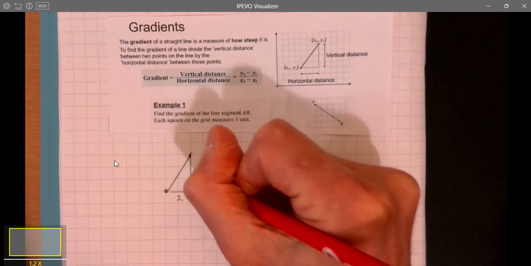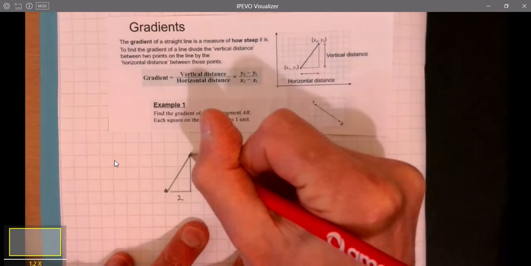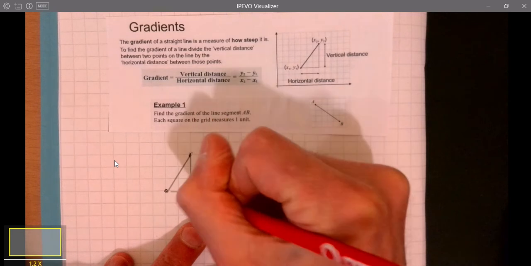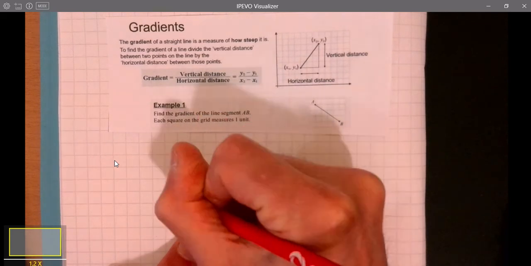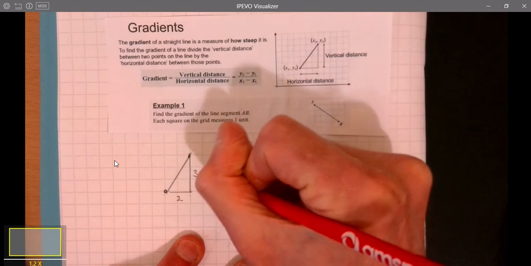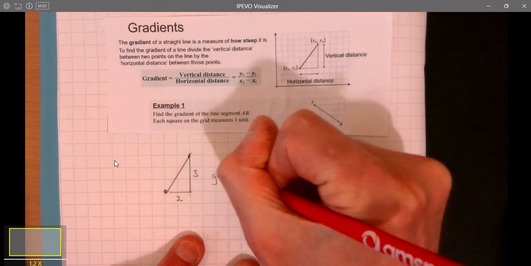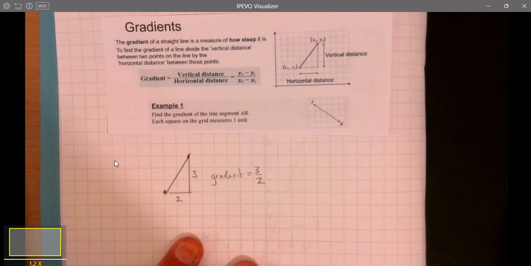And how much does it go up? And the way that we measure a gradient is the up divided by across. Right, going uphill, so it's gone up 3 and it's gone across 2. So the gradient here is equal to 3 over 2, or 1.5 if you prefer.